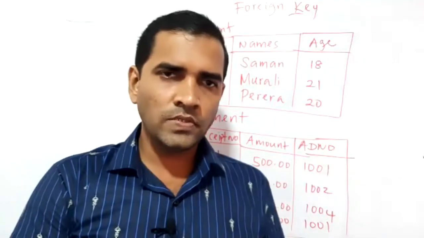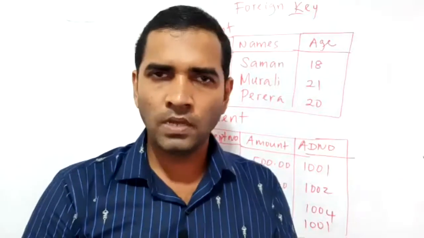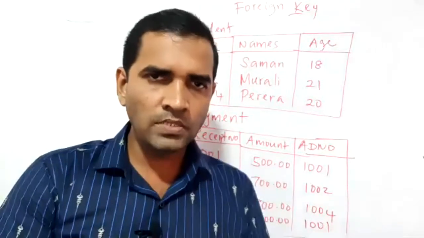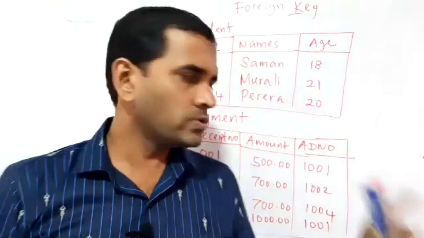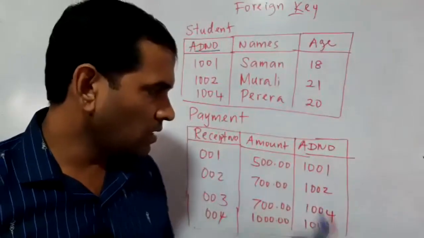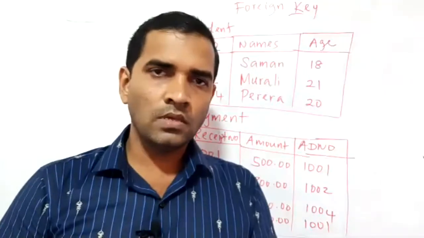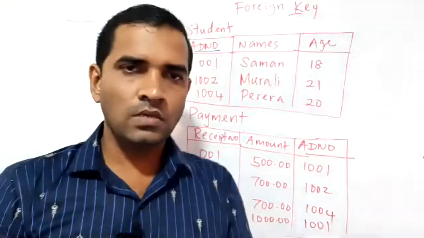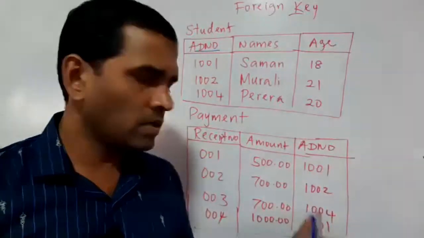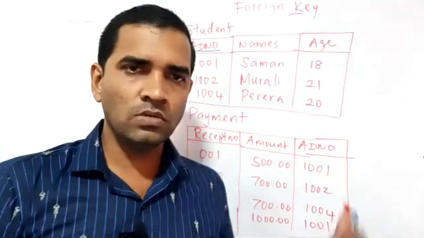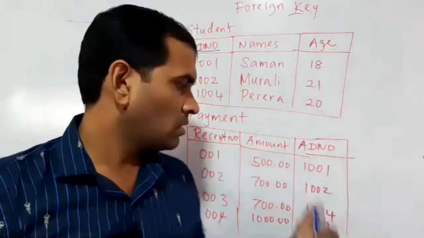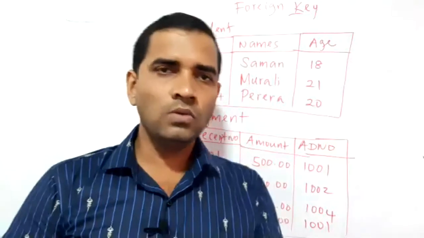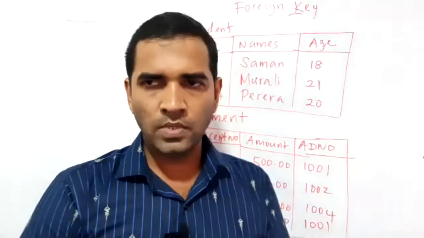In some instances, admission number can be primary key, but in some instances it is not possible. It depends on the other fields. Here, you can't say that the admission number is the primary key. Why? Admission number is duplicated. You have data, 1001 twice. So you cannot take ADNO as primary key.